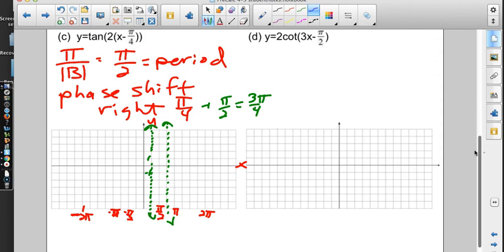So increasing or decreasing? Increasing. So right smack dab in the middle, we have that. And we have a new A value. So basically it's over an increment and up one, but in this case, notice how this is so squished, we're going to go over a half and up one, and back a half and down one.